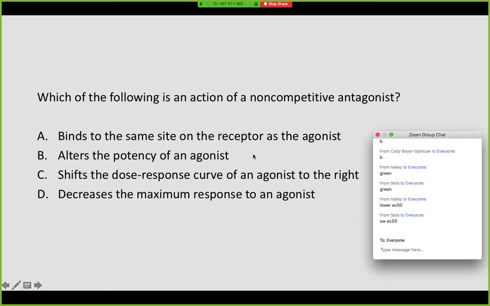so which of the following is an action of a non-competitive antagonist?